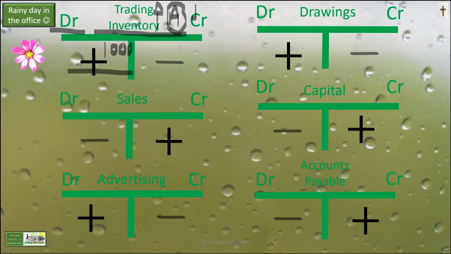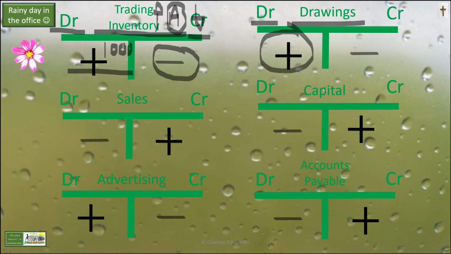A decrease in assets goes on the right hand side, the credit side. Drawings, if there's an increase in the value of drawings, it goes on the debit side. If there's a decrease in drawings, it goes on the credit side.